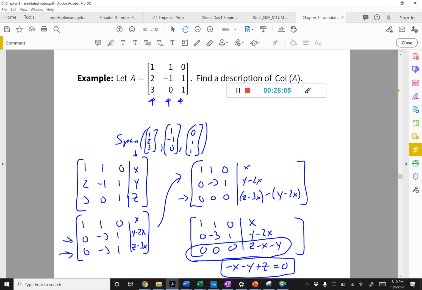And that is the equation of the plane that is the subspace, the column space of A. So this is another way to find equations of planes, by the way, that you span.